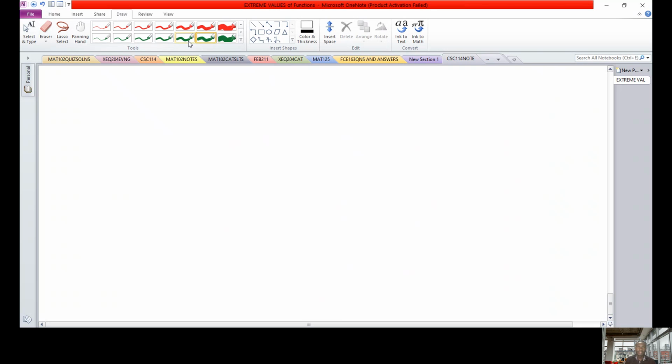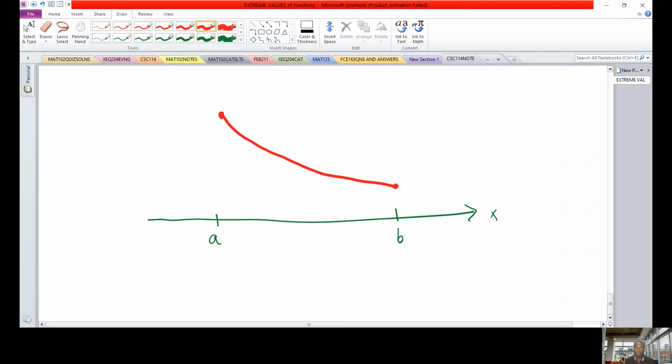And then another case, so we have A here, then we have B here. So for this case here, this is capital M, this is small m.